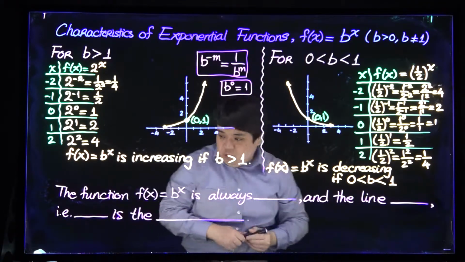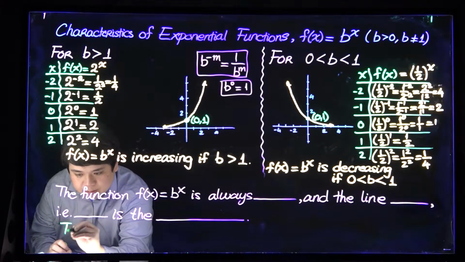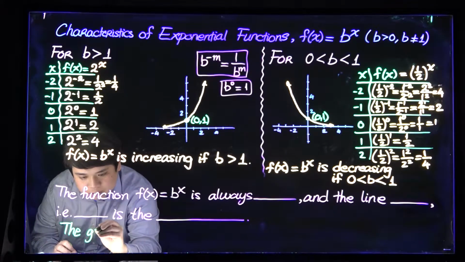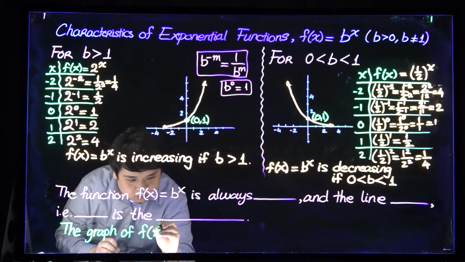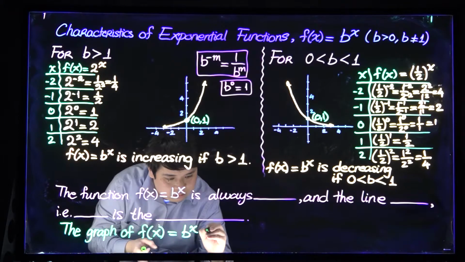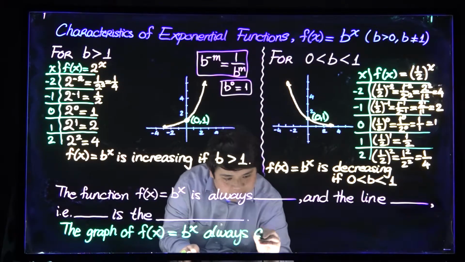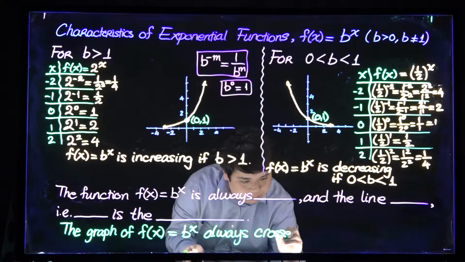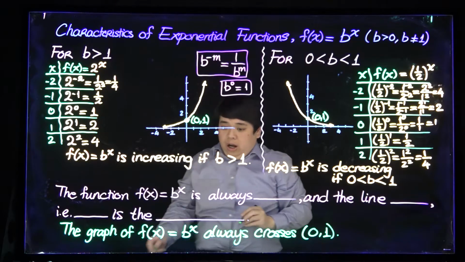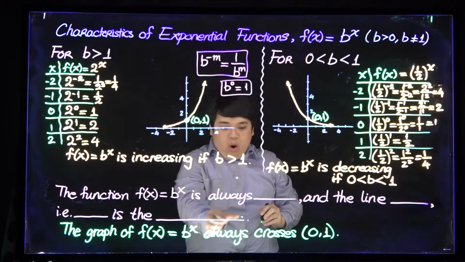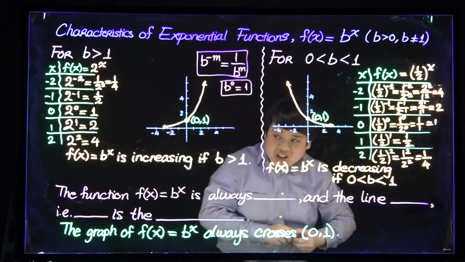So I will write that: the graph of f of x equals b to the x always crosses the point (0, 1). That's one common characteristic.